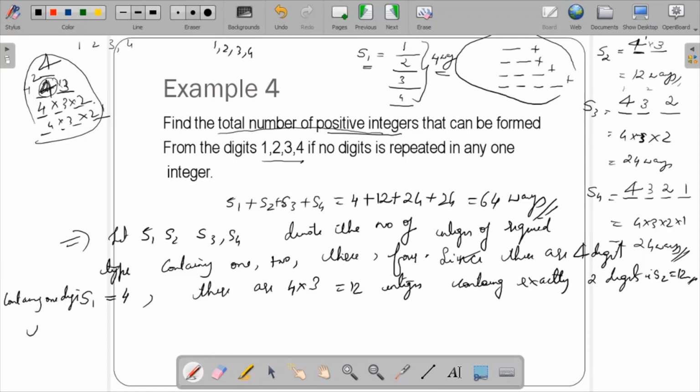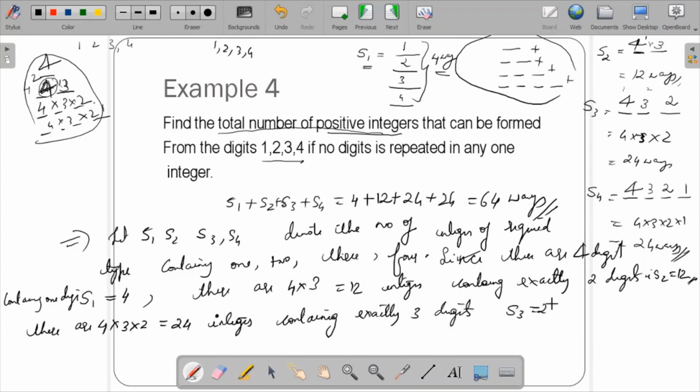There are 4 into 3 into 2, 24 integers containing exactly 3 digits. That is, S3 is equal to 24.